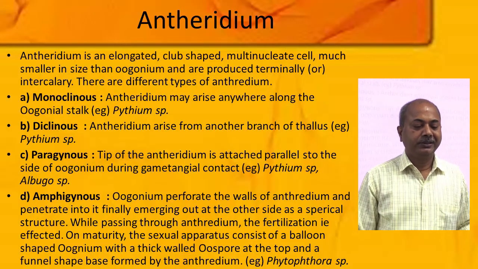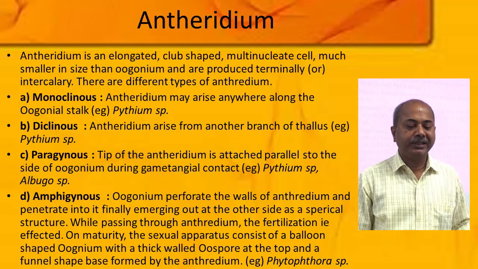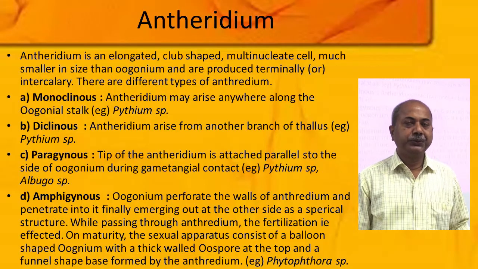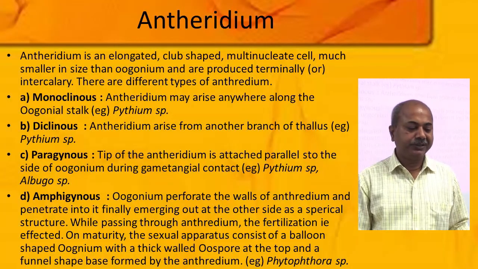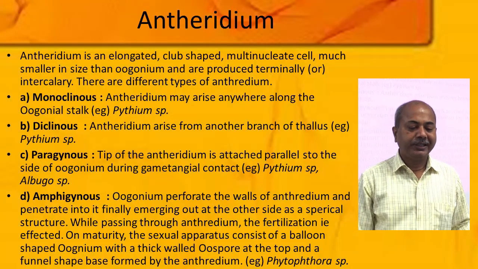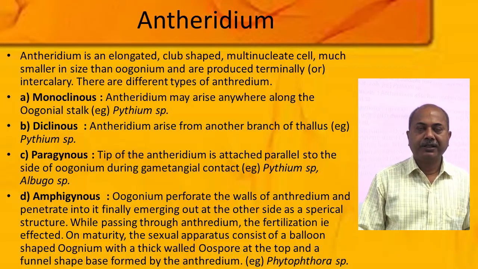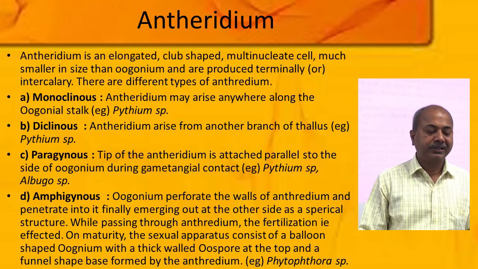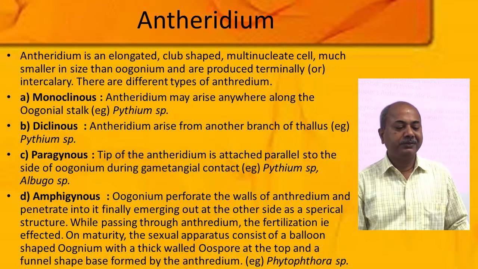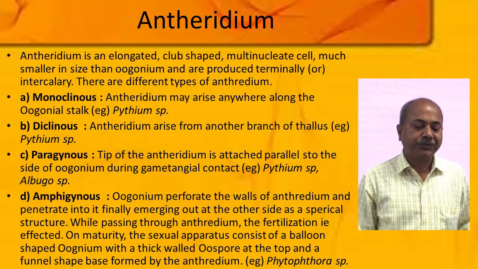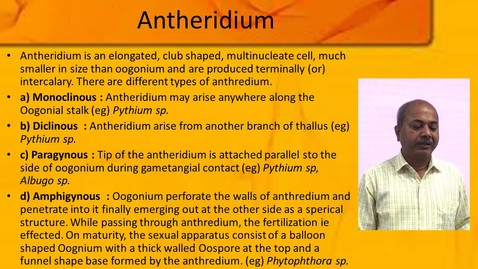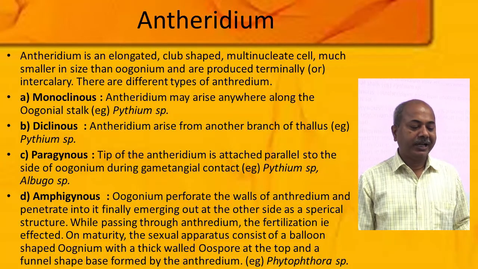Monoclinous antheridia are those which arise anywhere along the oogonial stalk. The example is Pythium species. When the antheridium arises from another branch of the thallus, it is called diclinous. So in Pythium, both monoclinous and diclinous situations exist.